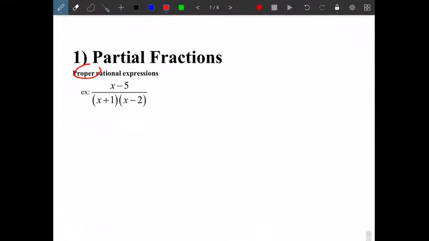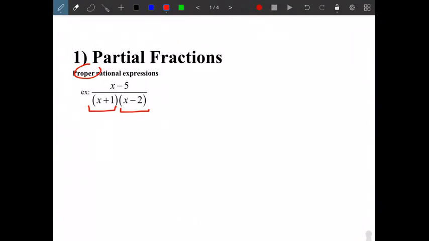So let's just first start by looking at the rational expression we have in this example here. Okay, so we have x minus 5 over x plus 1 into x minus 2. Now, if you think about it logically for a second, at the denominator I have x plus 1 as a factor and x minus 2 as another factor.